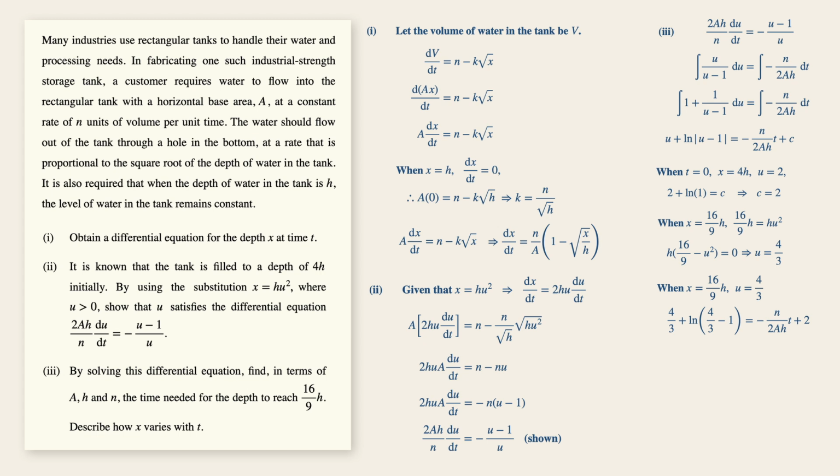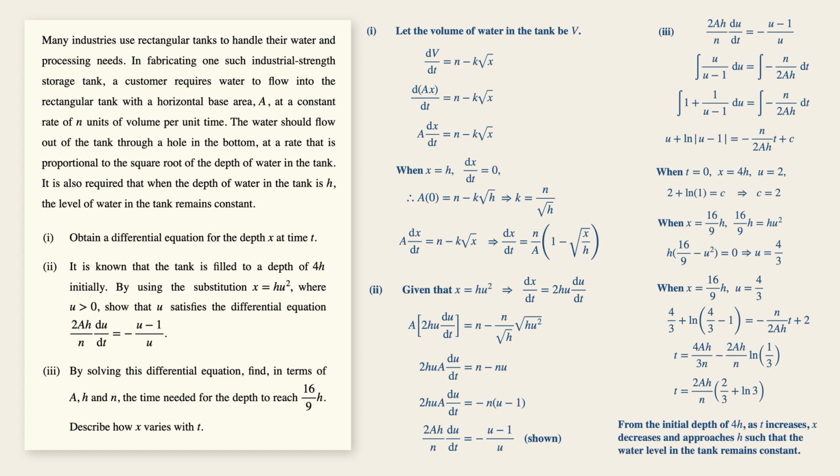Now all we need to do is to make t the subject, and by rearranging the equation, we have t equals 2ah over n multiplied by (2/3 plus ln 3). So this is the time needed for the depth to reach 16 over 9 h. To describe how x varies with t: as t increases, x decreases and approaches a depth of h.